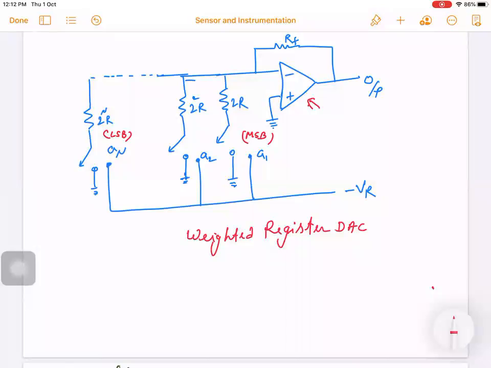In this figure you can see the resistors 2R, 2 square R, अगर और resistor होता तो 2 to the power 3 R up to 2 to the power n R. So this circuit diagram is for n bit. n bit का data है उसको हमें convert करना है. That's why we are using n number of resistors.